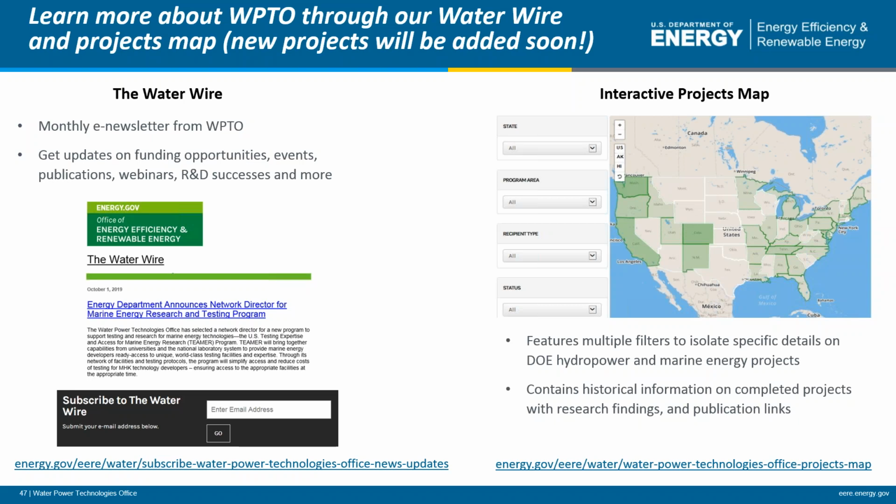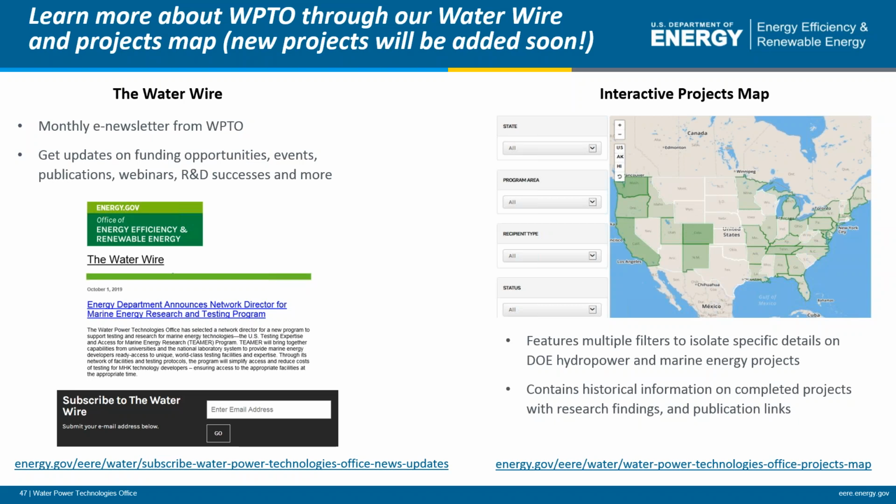Yeah, so we've got about 20 minutes left here. This is the last slide that we have before the Q&A. I just wanted to remind everybody to sign up for what we call the Water Wire, which is our monthly e-newsletter. Occasionally it goes out slightly more often whenever there are big things to announce. And then if you haven't yet checked it out, go and interact with our interactive projects map, continually being updated.